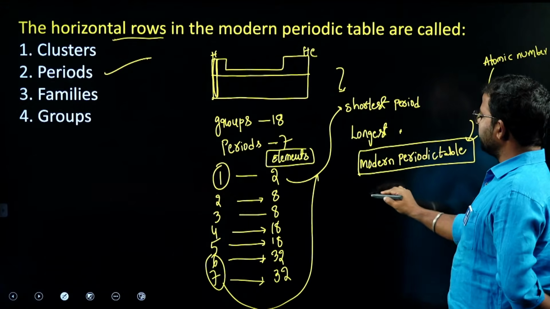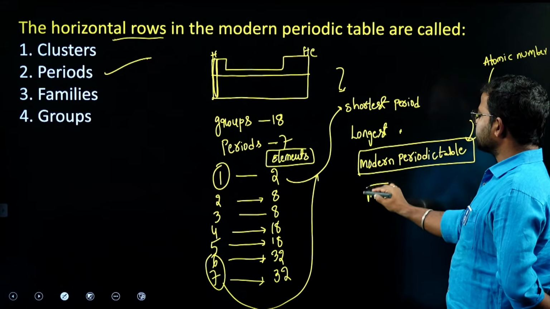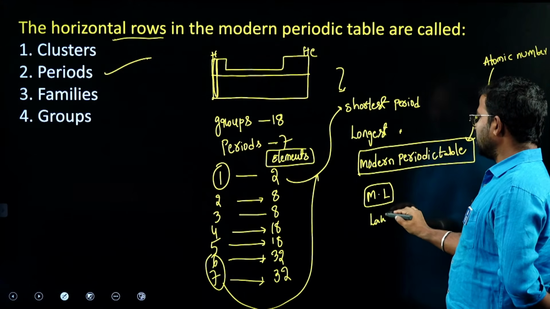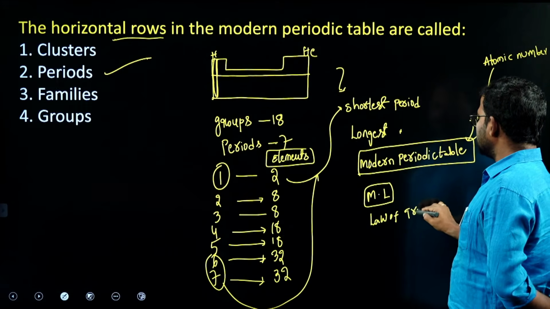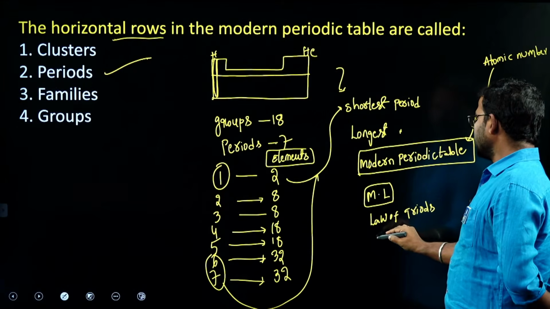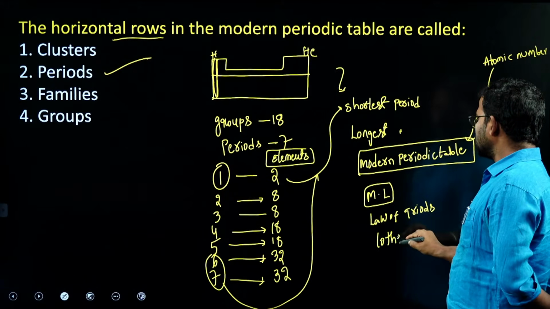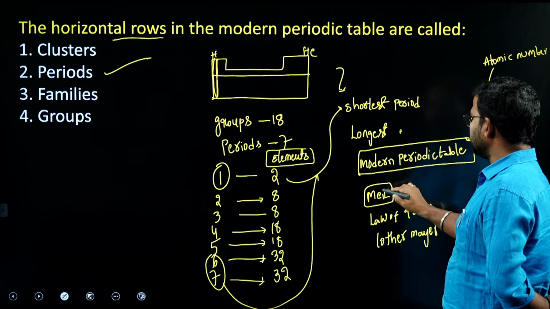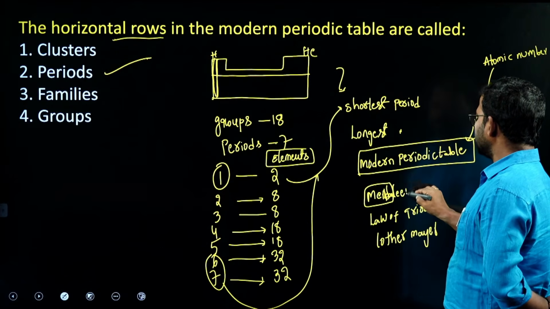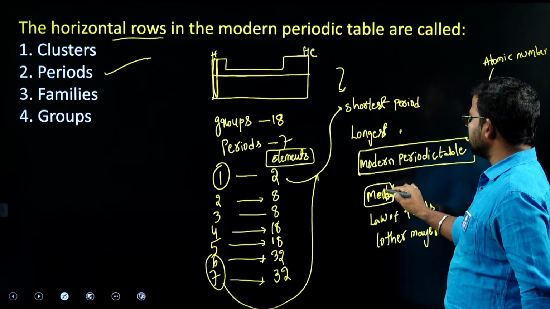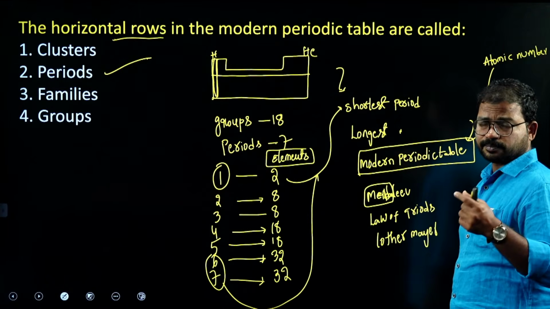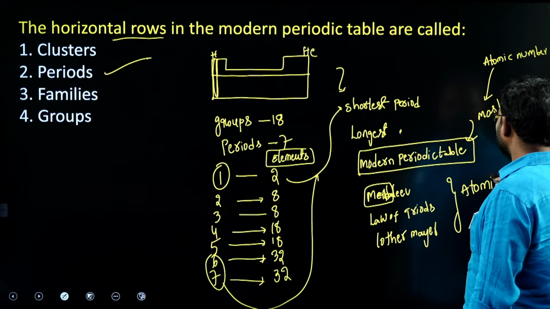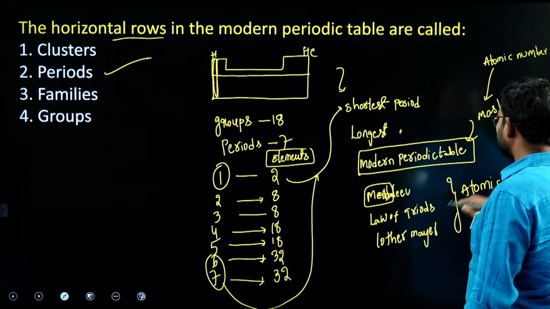But if you consider Mendeleev, and Dobereiner's triads, the law of triads, next Lothar-Meyer's concept, and Mendeleev, almost all these concepts are based on atomic mass, or atomic weight, only.